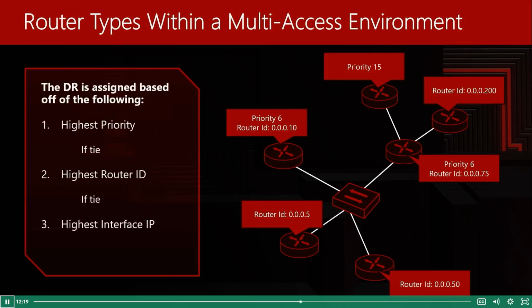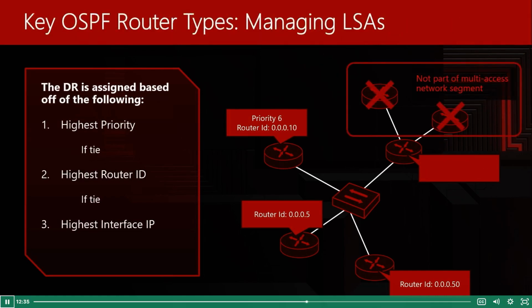Here we are just mentioning how the election happens. The highest priority goes first. If there's a tie, we go to the highest router ID. And if there is a tie there as well, then it's the highest interface IP. In this particular example that we have on the screen, the two at the top, although they had higher priority, are not part of a broadcast network type.